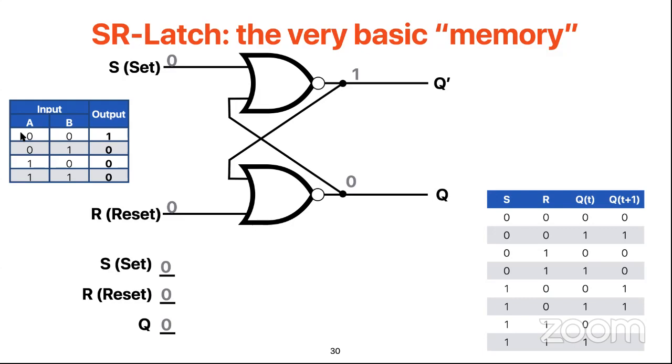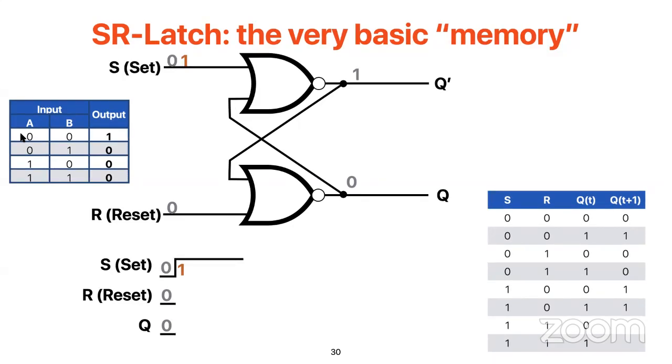Right now, if I raise my S signal to be 1, and in the meantime I still keep the reset R signal at 0, what turns out is that previously we saw a 0 right here. It will propagate to here to do the NOR with 1.